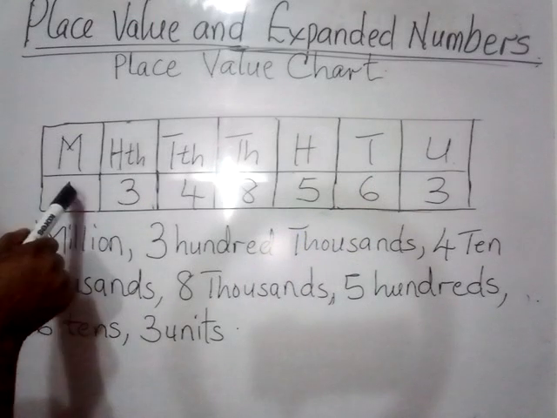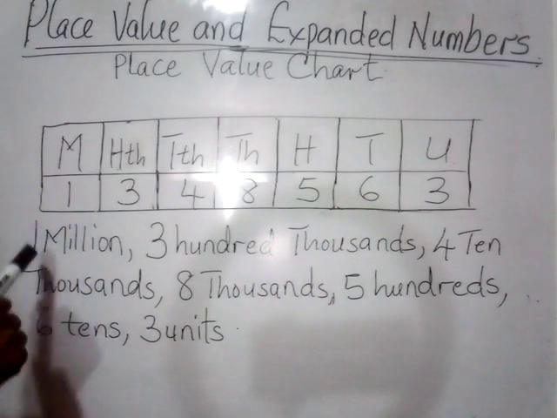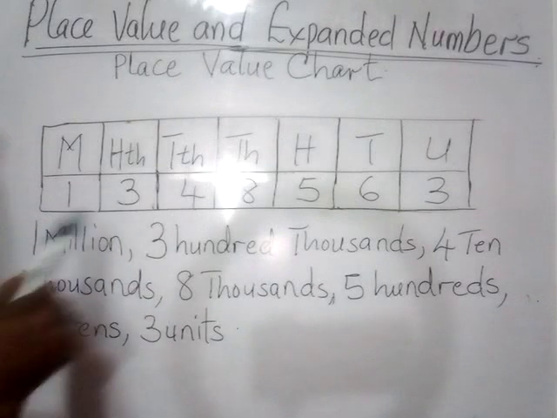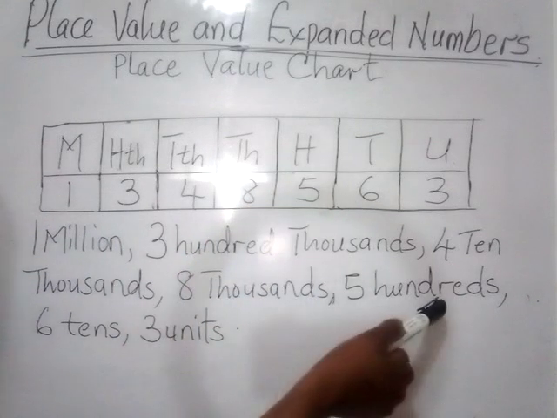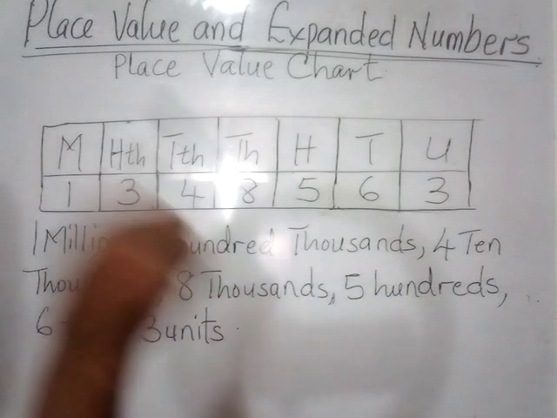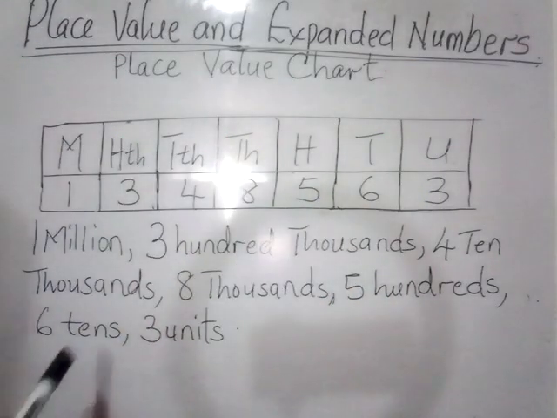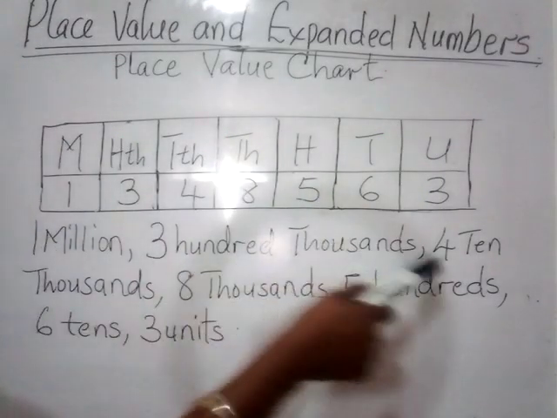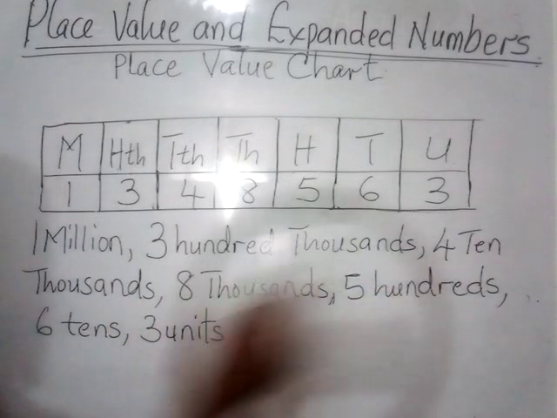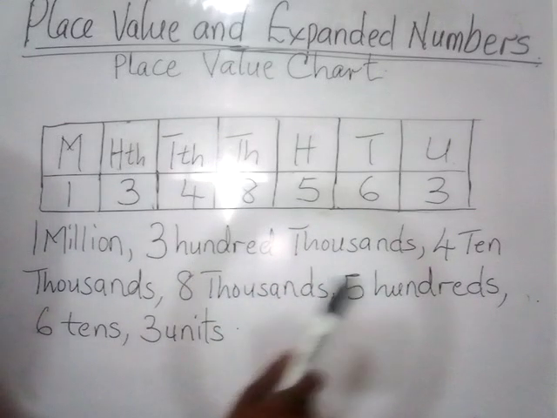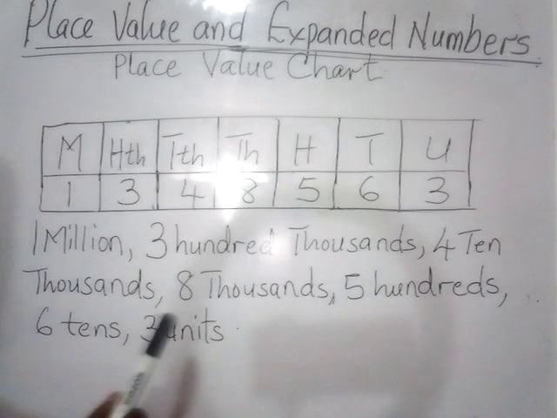If you are asked for the place value of 1 in this number, it is million. Place value of 5 is hundreds. The place value of 6 is tens. So that's what we basically wrote out here: 1,000,000, 300,000, 4 10,000s, 8,000s, 500, 6 tens, and 3 units.